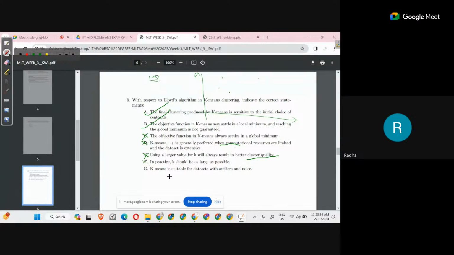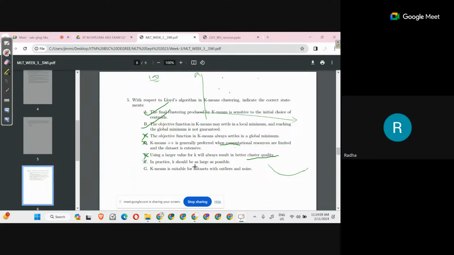Because if you are taking K as one cluster, and instead of that we take K equal to 3, then it is always better to have K as 3 rather than 1, right? See, it again depends on the case. We know that at the beginning, if you increase the K value, that is good. But after a certain point, if you increase the K value, that is not a good thing. That's why I'm saying there is a difference between E and F.